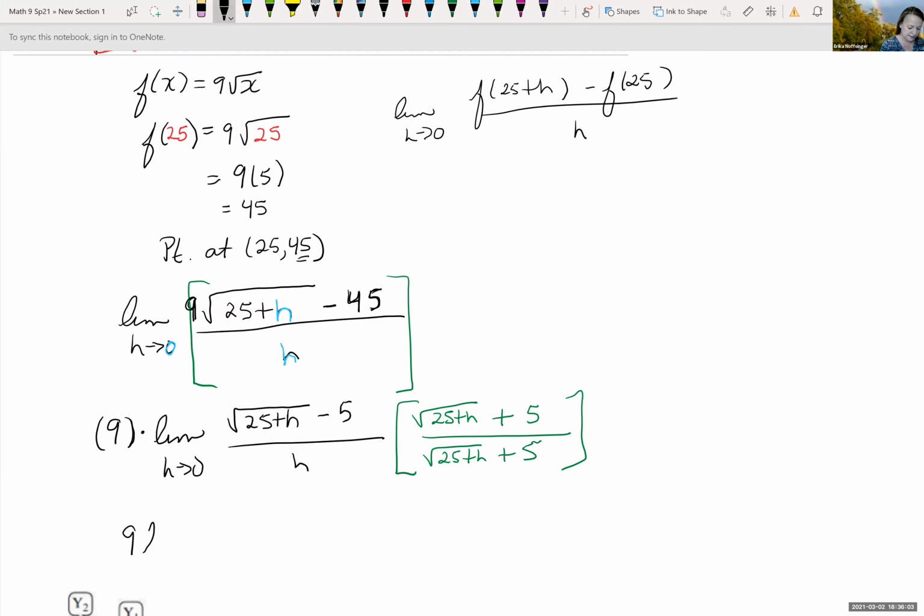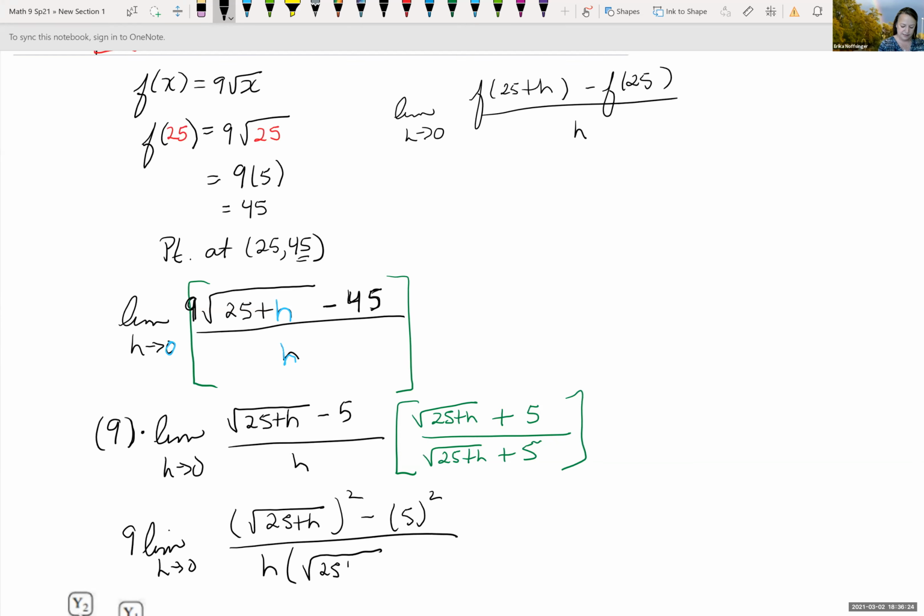So 9 times the limit as h goes to 0. This is squaring the square root of 25 plus h minus 5 quantity squared, all over h times, and I'm just going to leave it in factored form, the square root of 25 plus h plus 5.